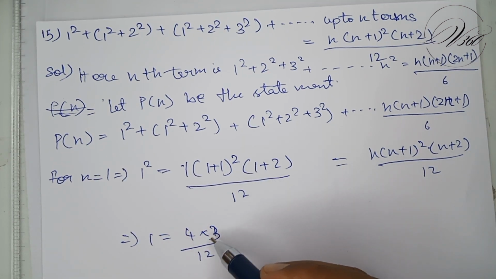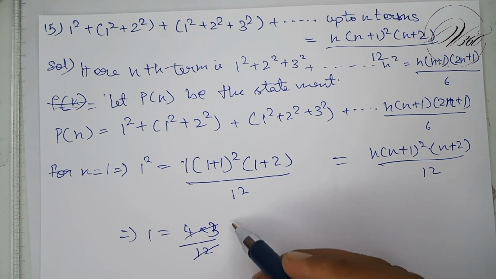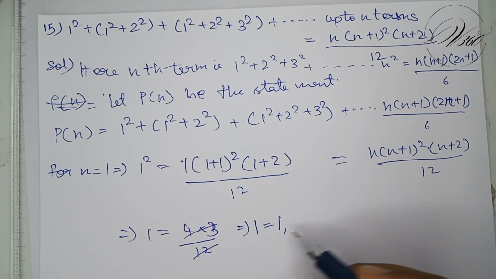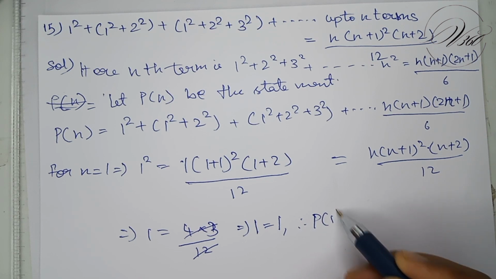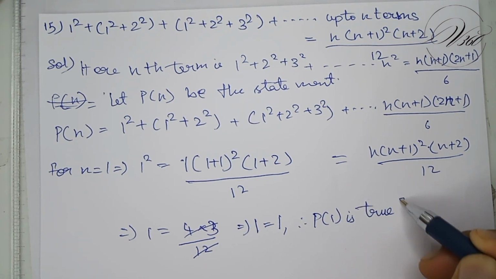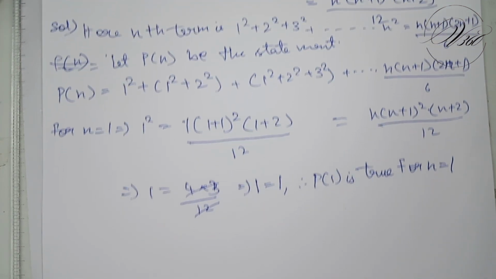What is 4 into 3? 12. Here 12 and 12 get cancelled. Now 1 equals 1. Okay. Therefore here P of 1 is true for n equals 1.